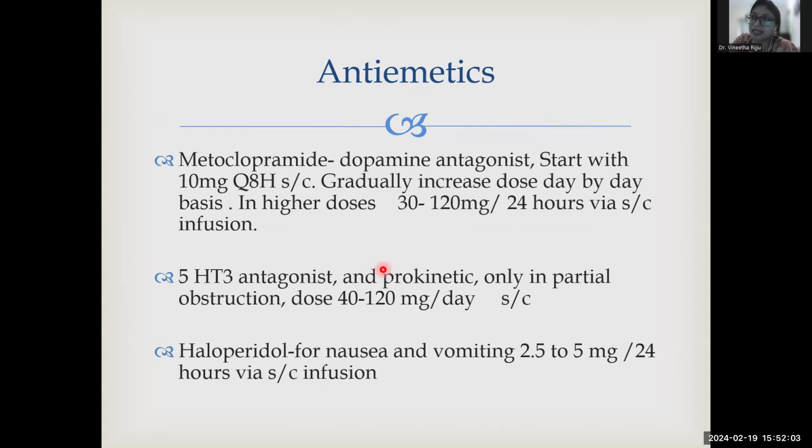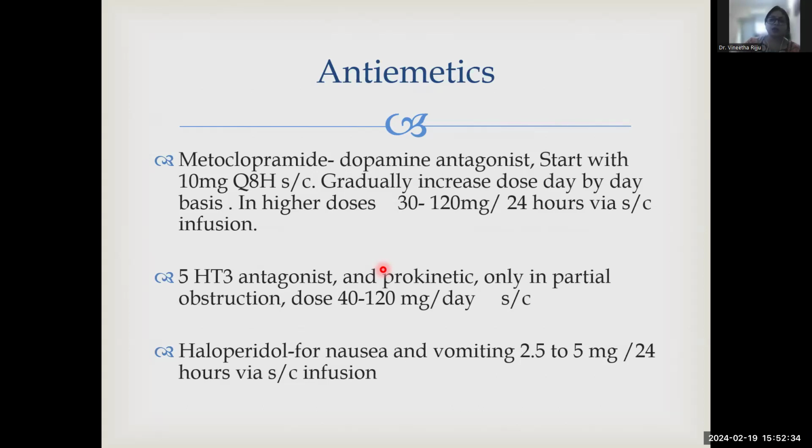What we mean here is ondansetron, Emeset, which also can be tried. Prokinetics like metoclopramide can be tried only in partial obstruction. If you're having some minimal bowel sounds which you think is a partial obstruction, then you can go for metoclopramide. But if it is a complete obstruction, do not go for metoclopramide.